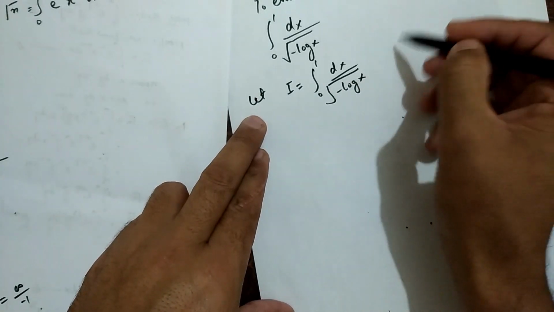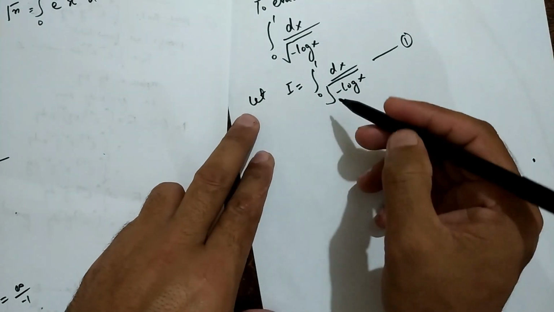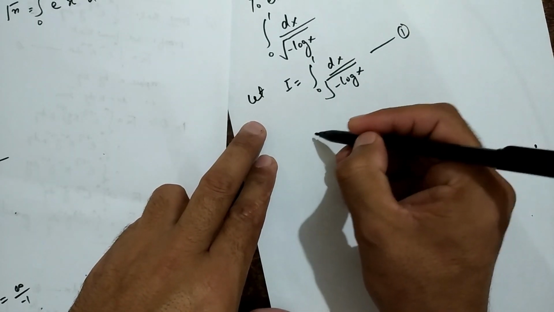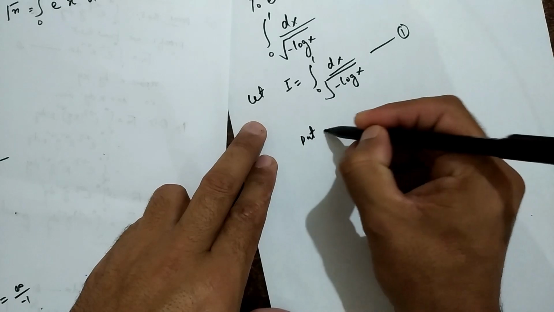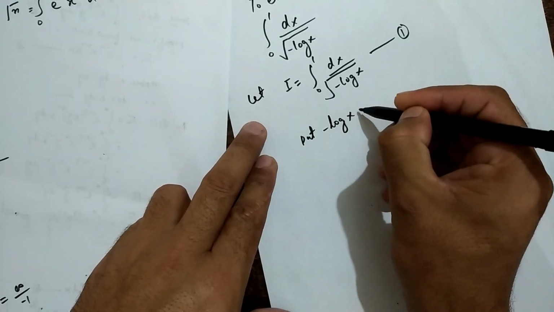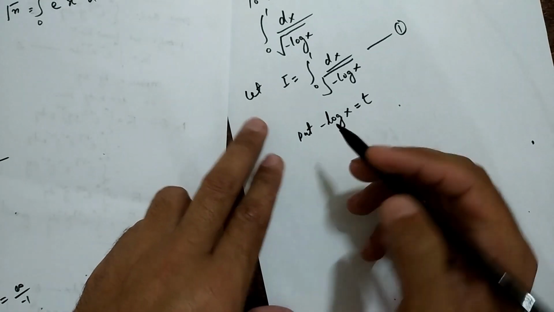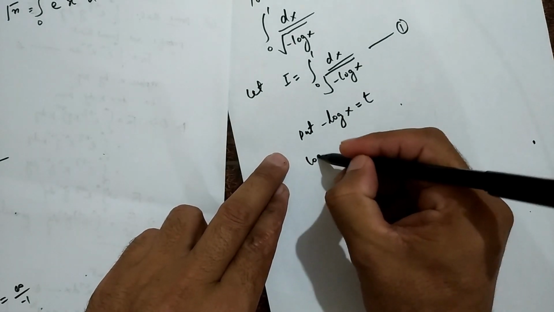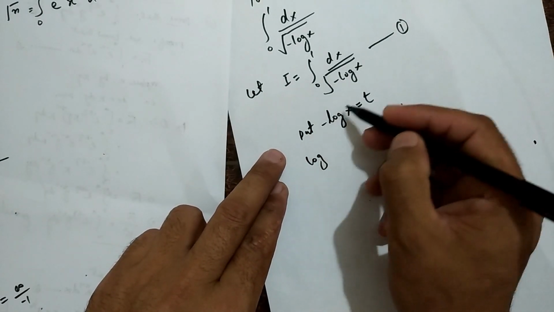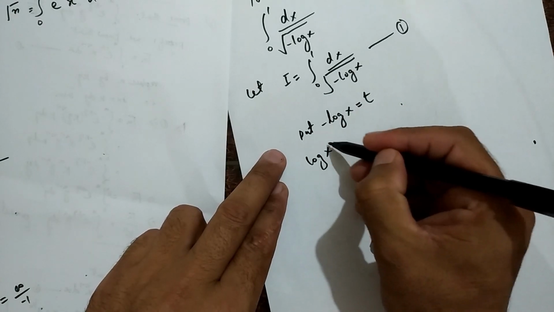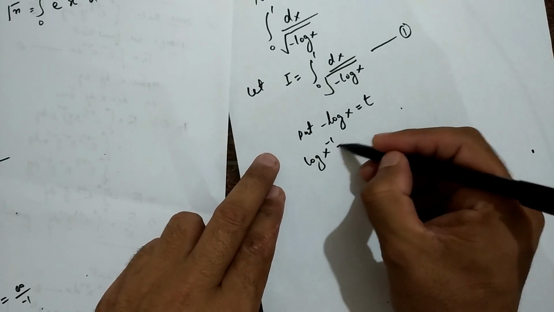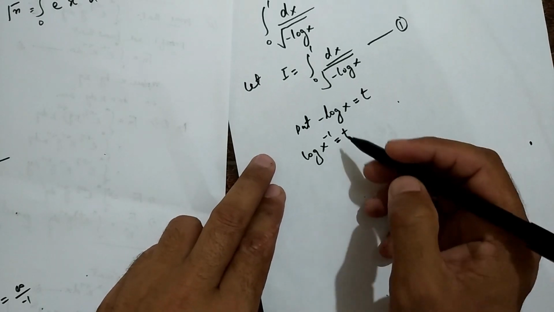Let this be equation number 1. First, let's make a substitution. Put negative log of x equal to, let's suppose, t. Then by the properties of log, this negative sign will go there. This will be log of x to the power minus 1, and this will be equal to t.